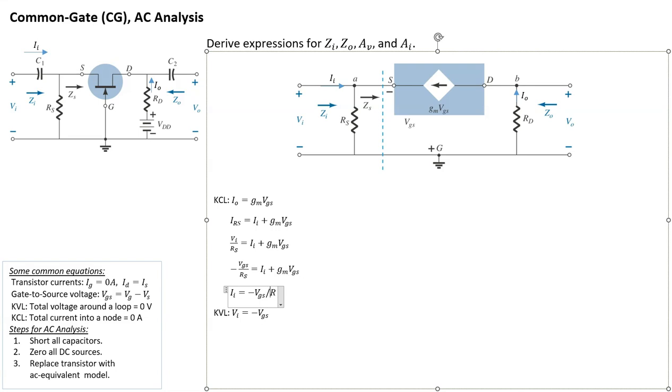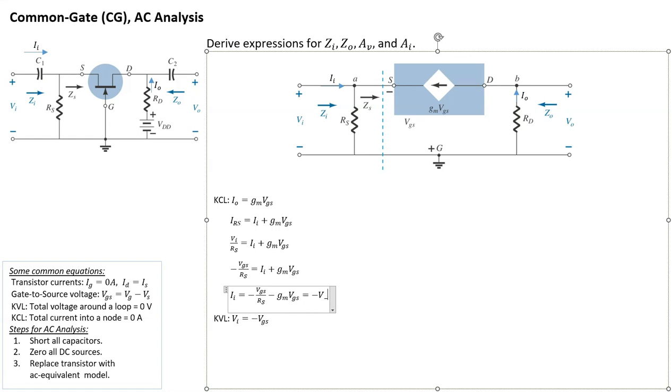I think I'll just write everything down so that I don't confuse you guys. So this is GM VGS. Basically I'm just flipping the equation around so that I have II on the left-hand side. Then, of course, I can group VGS together.